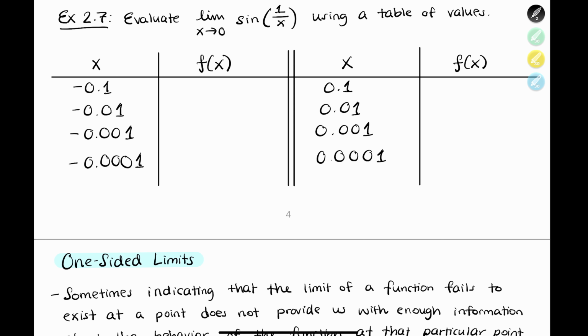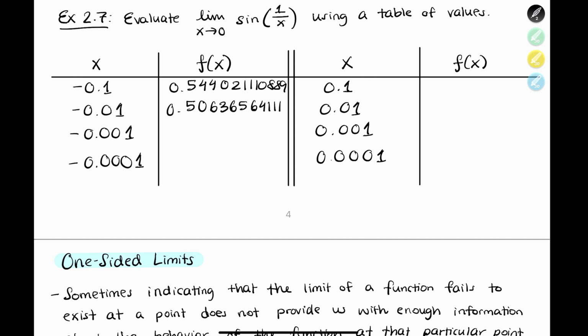For f of negative 0.1, we have 0.5440211108889. For negative 0.01, we have 0.50636564111.